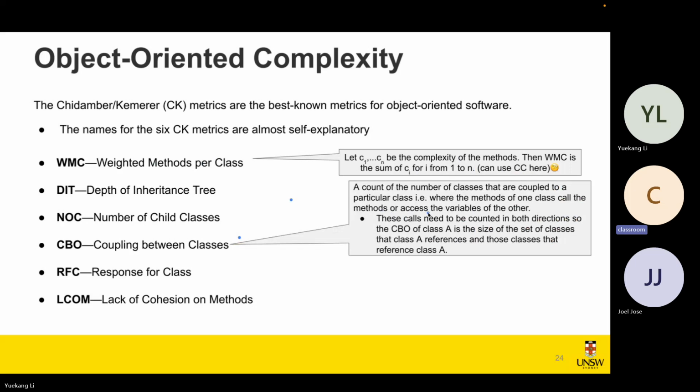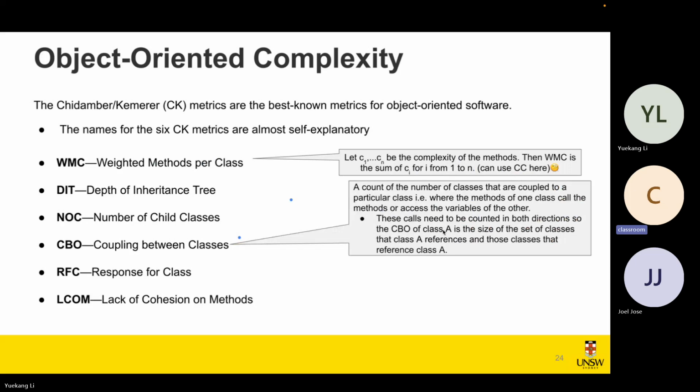So this is to check the number of classes which are related to a particular class, and this relation is bidirectional. So if that particular class calls this class, then this class is considered coupled with that class.